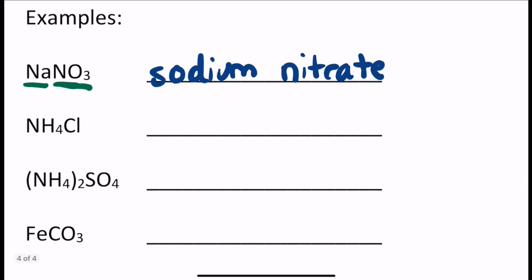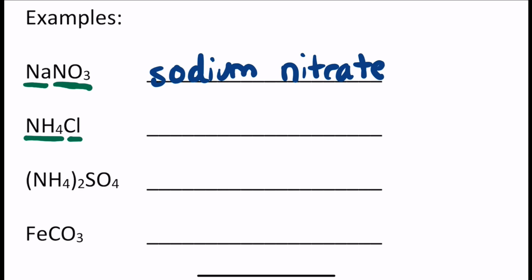In this next example, you do have to figure out what the two different parts are. We have N, we have H, we have Cl. You can look at your list of polyatomic ions for a while, but if you memorize what NH4 is, you know that this is a polyatomic ion, which means the Cl is its own thing. So we want to say the name of NH4, and then we want to say the name of Cl.